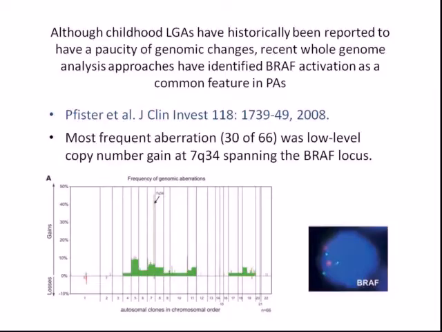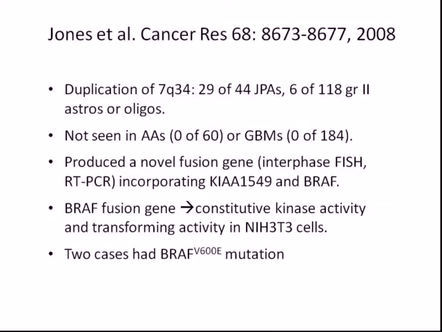This is in your syllabus, so you can certainly pull the paper and read it. Essentially, this BRAF mutation is associated with downstream activity, including kinase activity, and it basically has different types of pathways downstream that can ultimately affect low-grade glioma cells.